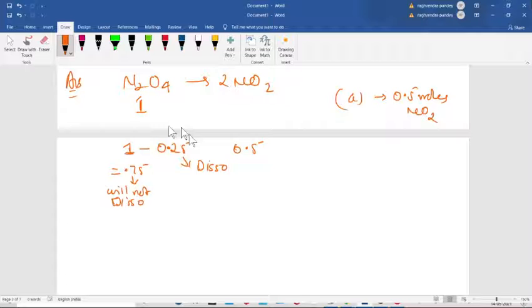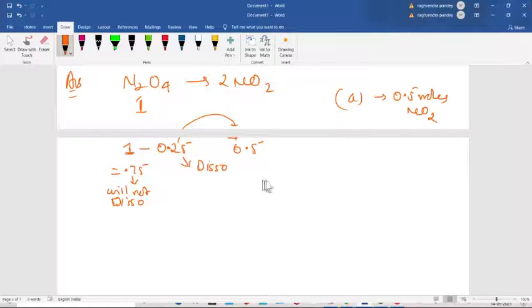The 0.25 has reacted, meaning dissociated, so it is converting to NO2, so its existence as N2O4 will vanish. So don't consider this, because it has converted to NO2.